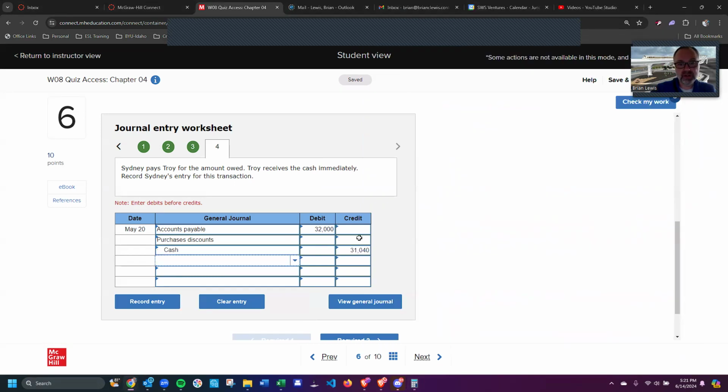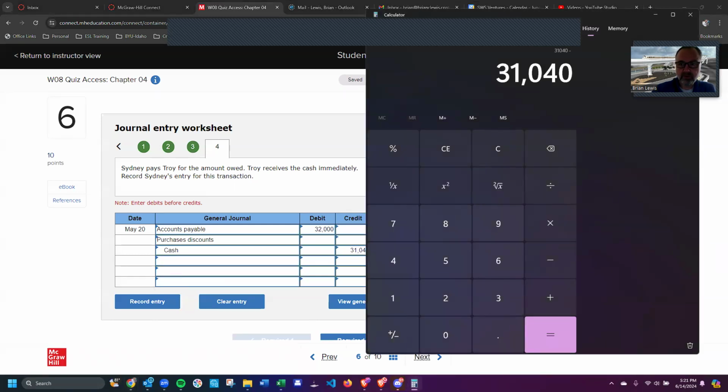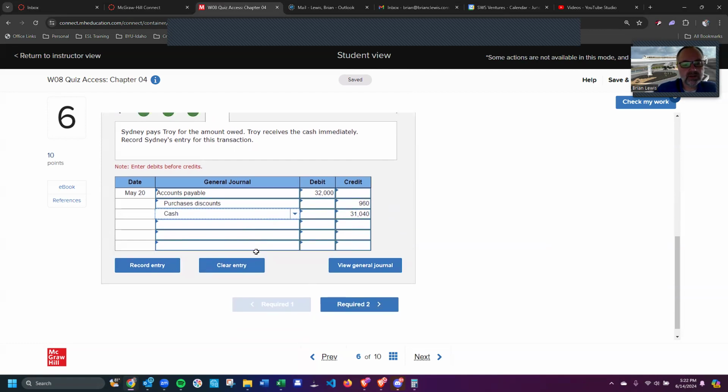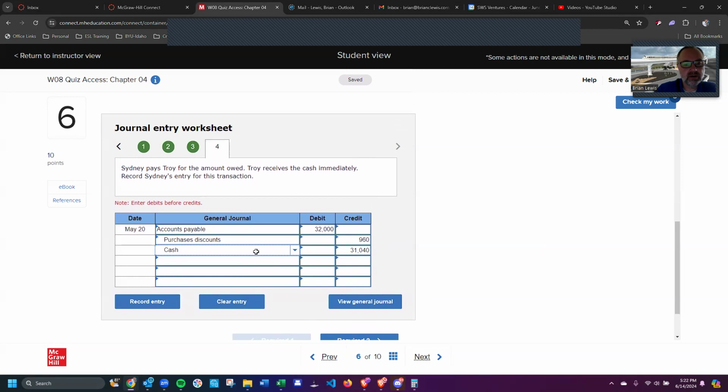So that means that effectively on the purchase discount side, we're going to do 32,000 minus 31,040, which is 960. Okay. And that should be all we need there.